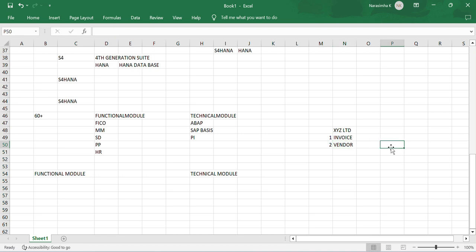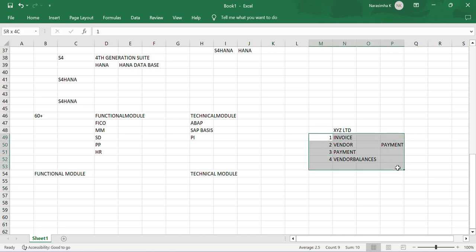Payment terms means I will pay the amount in 1 week, 1 month, or 2 months. These are the payment terms. After that, they will do the vendor payment, and then check the vendor balances. In normal business, we create an invoice and do the payment.